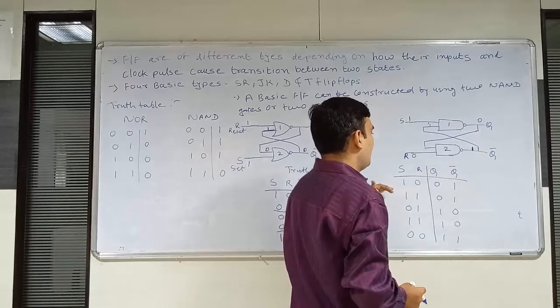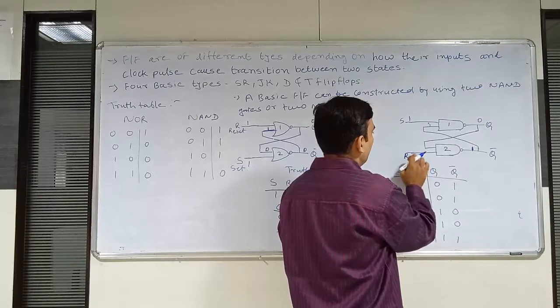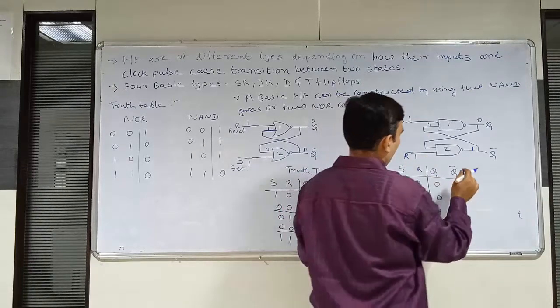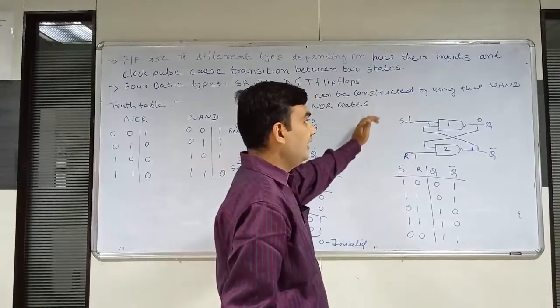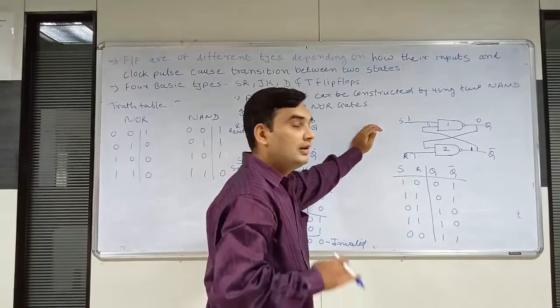Again we will set here 1 and 1, S is equal to 1 and R is equal to 1 also. Here also in this case of NAND gate, we didn't disconnect our power supply, it is still continue.